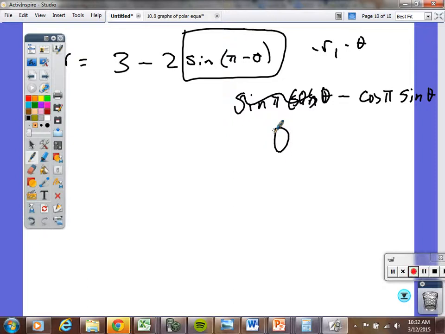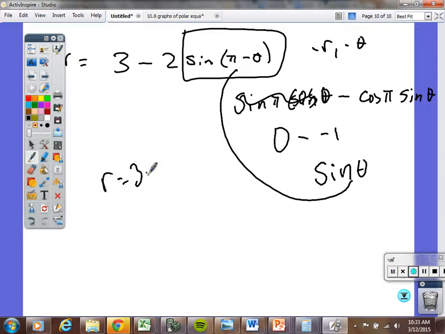Cosine of theta, we don't know what that is, but we know the sine of pi is 0. And then negative cosine of pi is negative 1 times the sine of theta. So that becomes 0 plus sine of theta, which is just sine of theta. So this is the exact same thing as r equals 3 minus 2 sine of theta, and that was what originally we had, wasn't it?